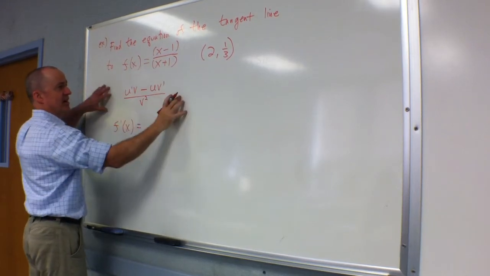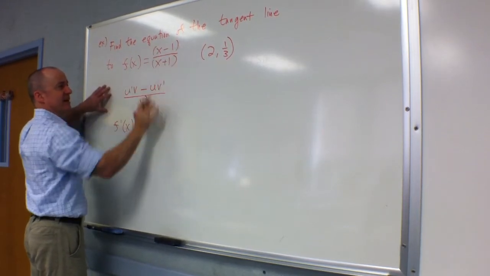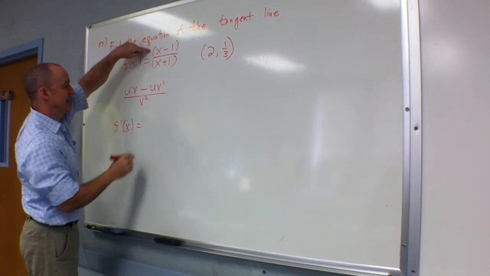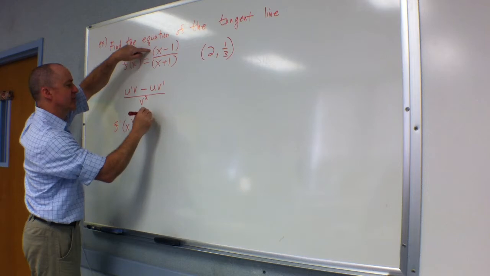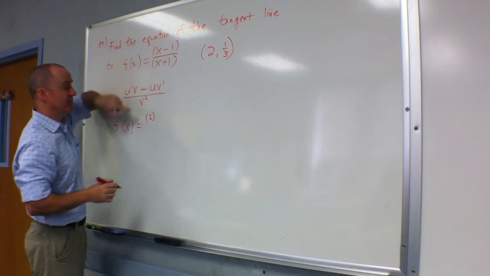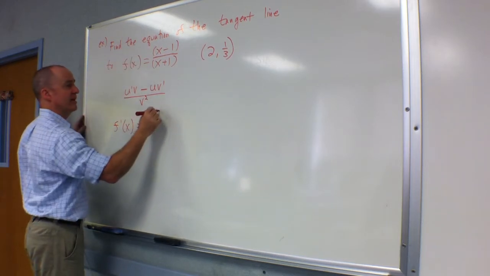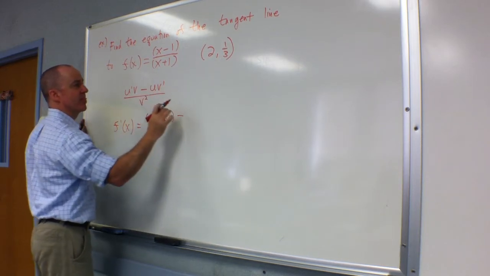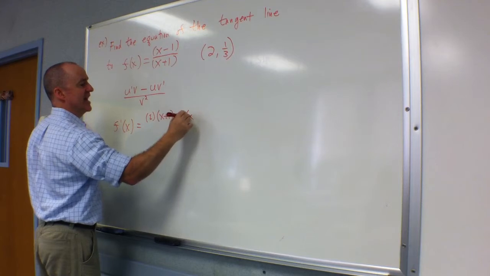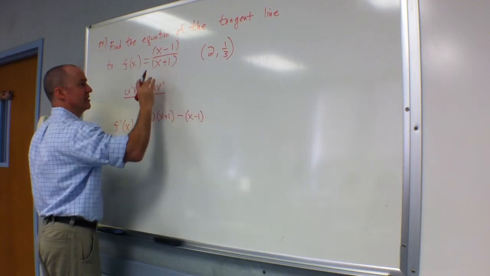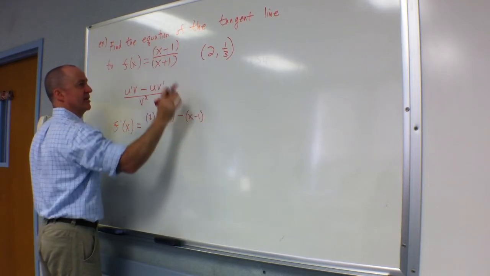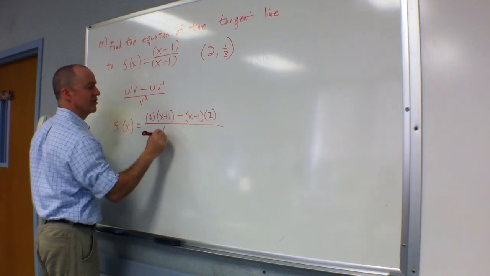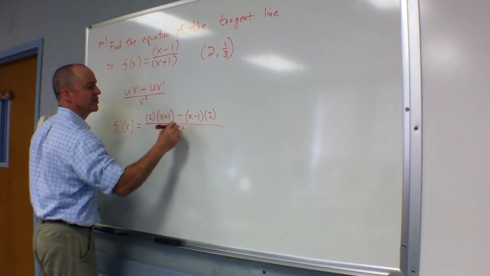Okay, so f prime of x equals u prime v. I'm going to do this without writing out the u's and the v's because I've just got simple binomials, everything's first degree. Derivative of x minus 1 is just going to be 1. So it's going to be 1 minus 0, but forgive me if I just write 1 there. V is x plus 1, minus u, which is x minus 1, times v prime, derivative of x plus 1 is again just 1, all over x plus 1 squared.